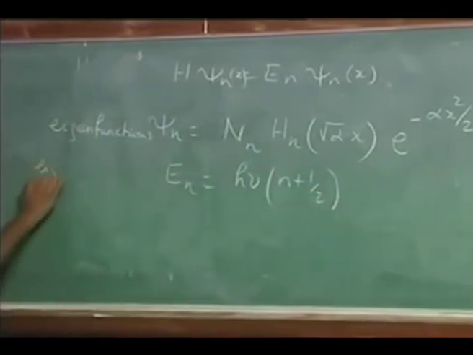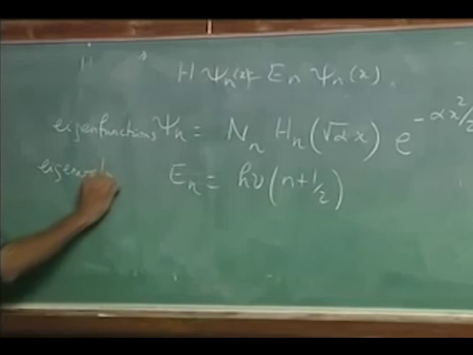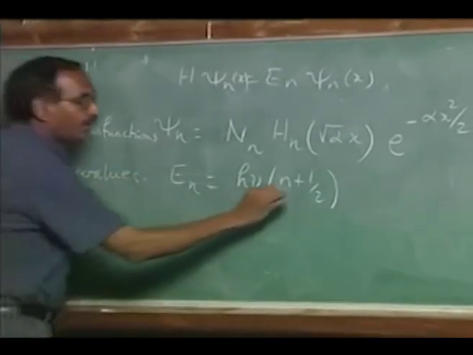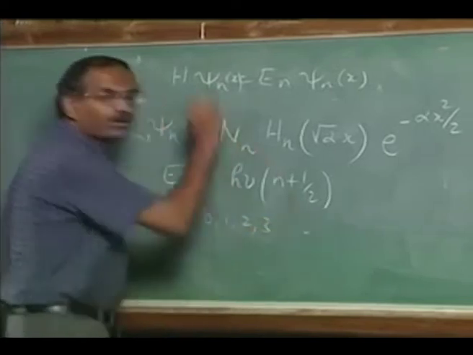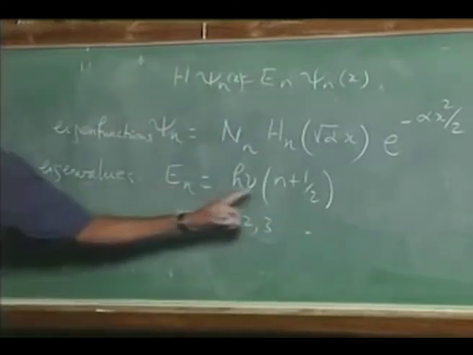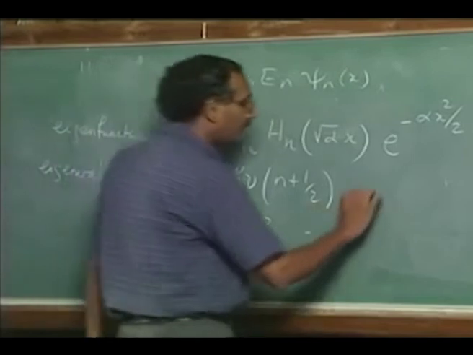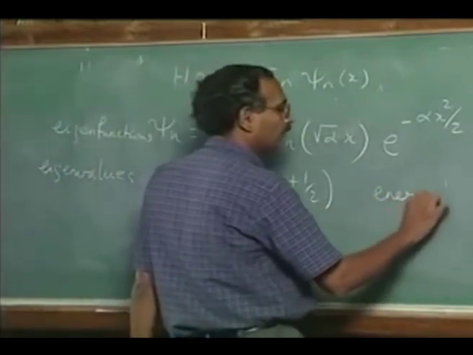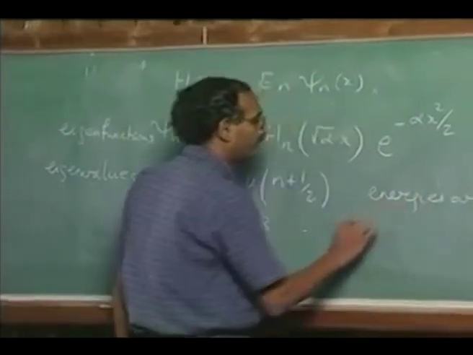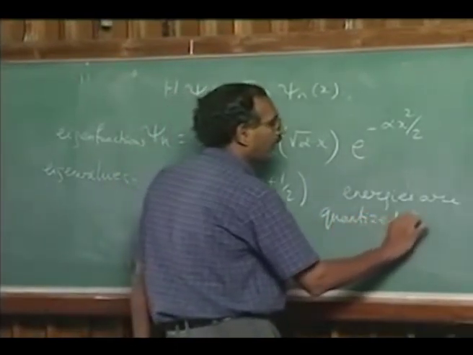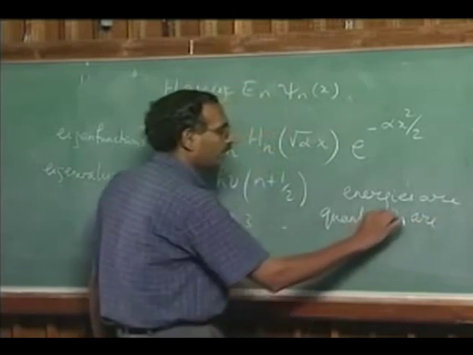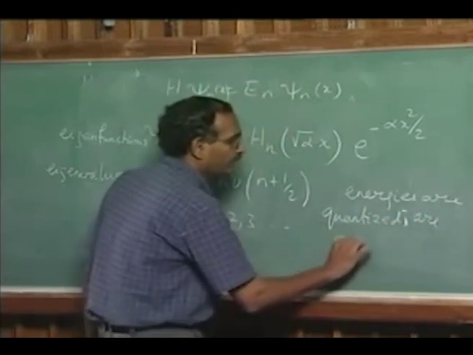These are the eigenvalues. N is 0, 1, 2, 3, etc. Therefore, the energies are quantized, and the energies are equidistant.